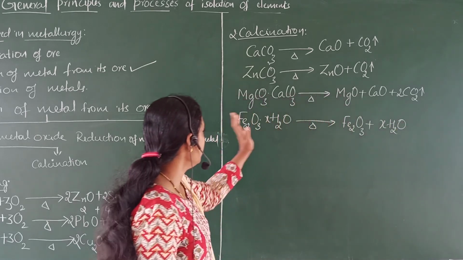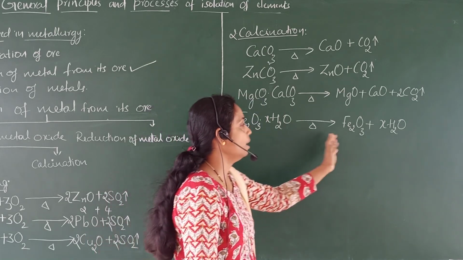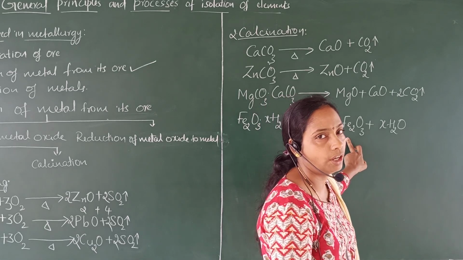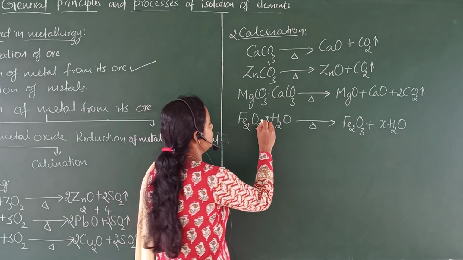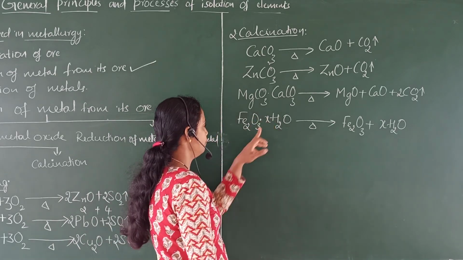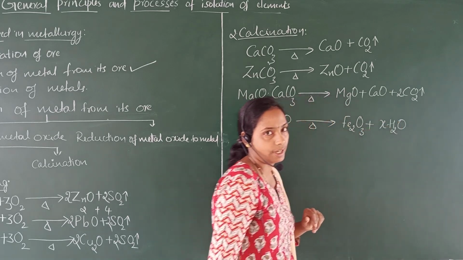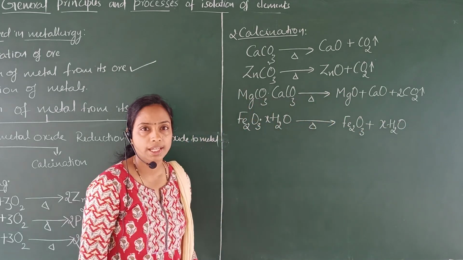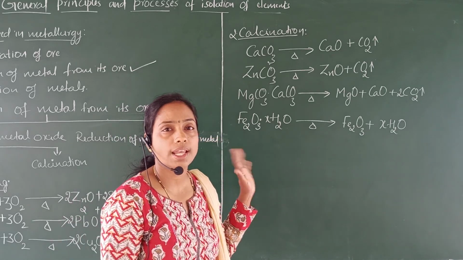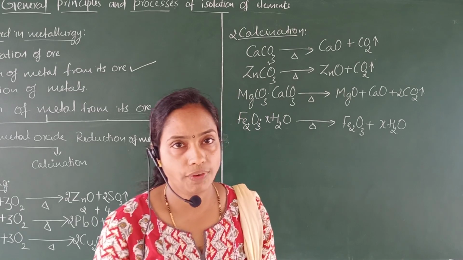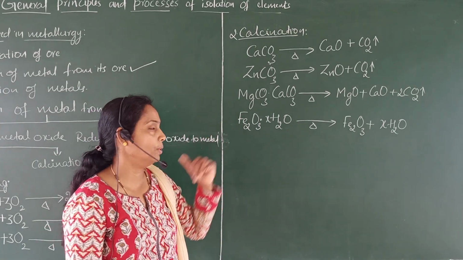Here, water molecules present in the hydrated ferric oxide are removed. To write the equation, in place of the dot, you can write a positive sign on the product side. That is regarding calcination. Usually, roasting is carried out for sulfide ores and calcination is usually carried out for carbonate ores.